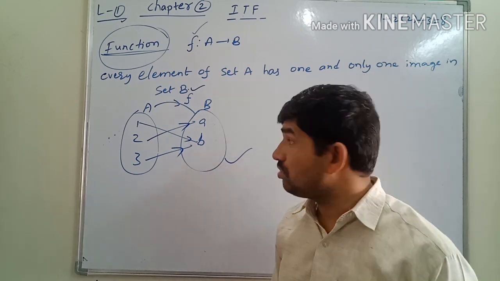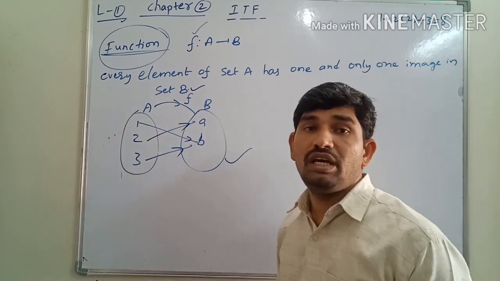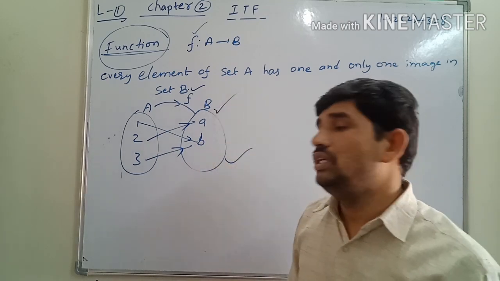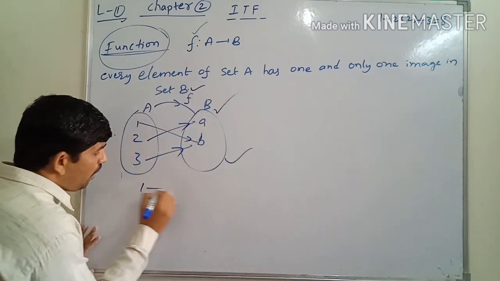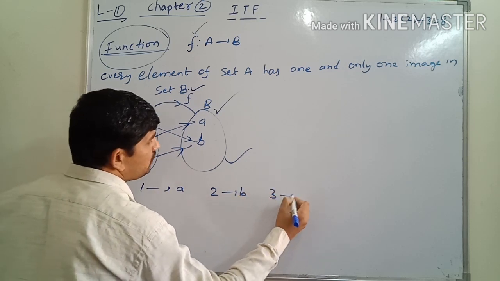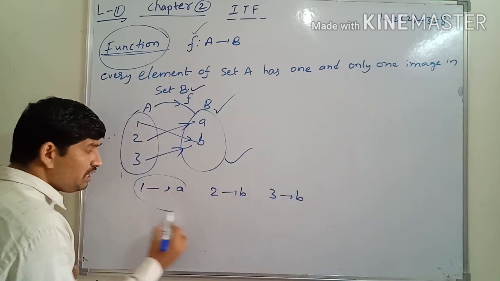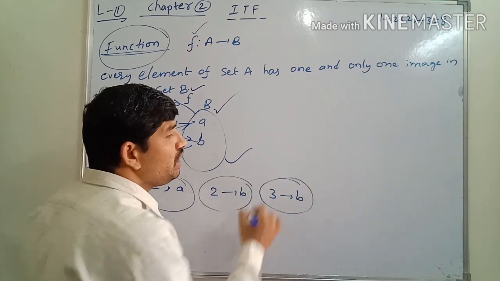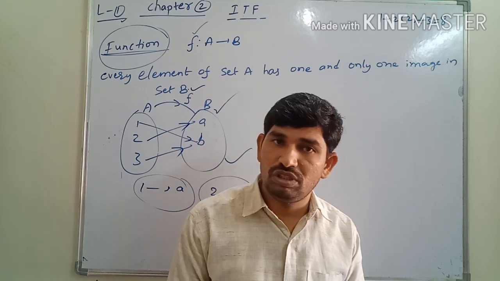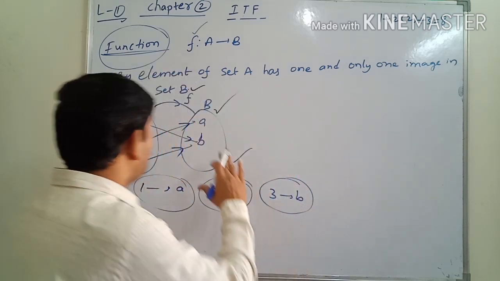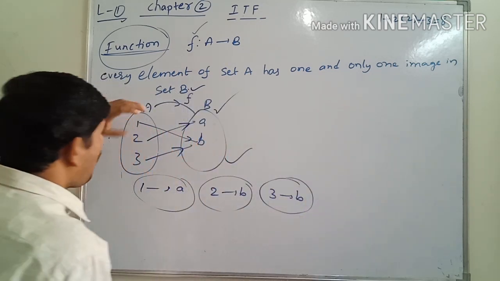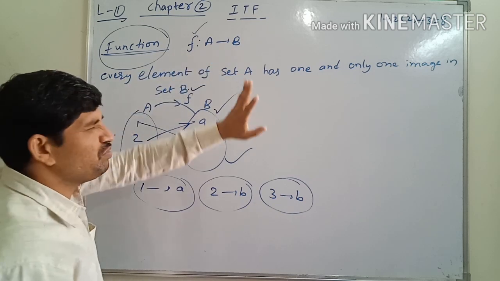Definitely it is a function, because every element of set A has one and only one image in set B. Yes or no? 1 has the image A, 2 has the image B, and 3 has the image B again. Every element having only one image, we say this is a function. This is the concept of the function. You have completed it in the 11th standard also; again I am just explaining the definition.